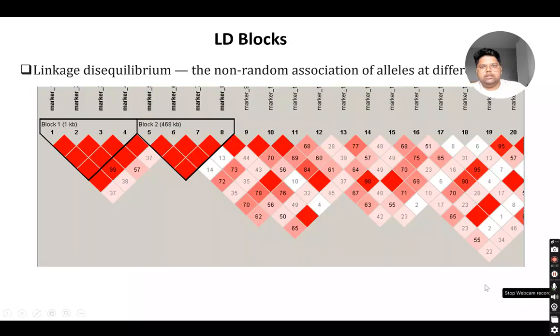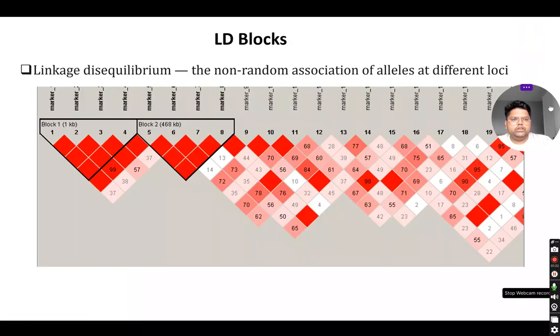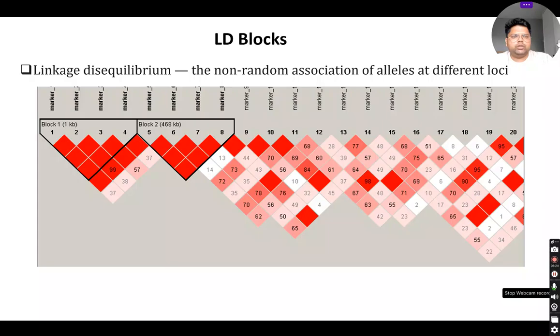So what are LD blocks? Before going deep into haplotypes, I just want to mention briefly about LD blocks, linkage disequilibrium blocks. Linkage disequilibrium is the non-random association of alleles at different loci. It's a chunk of DNA, a segment of a chromosome.